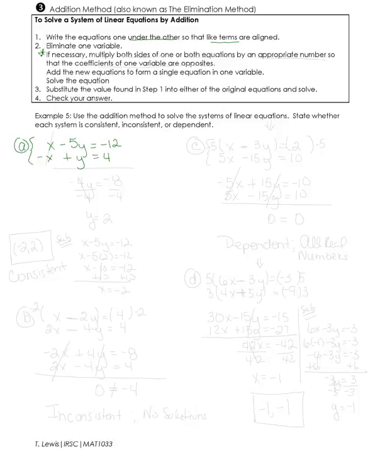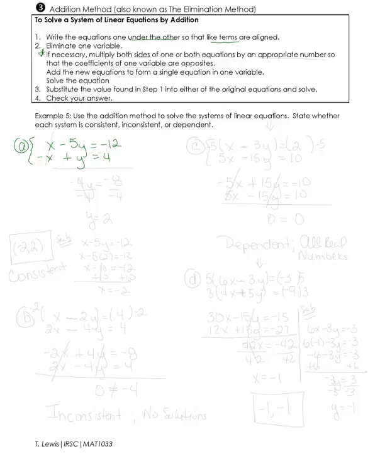With this type of method, you want to look for variables that have the same coefficient, same numbers. And if they have the same coefficient, you want them to be opposites, meaning one is going to be positive, one is going to be negative.